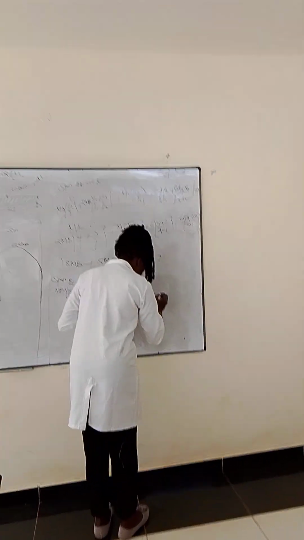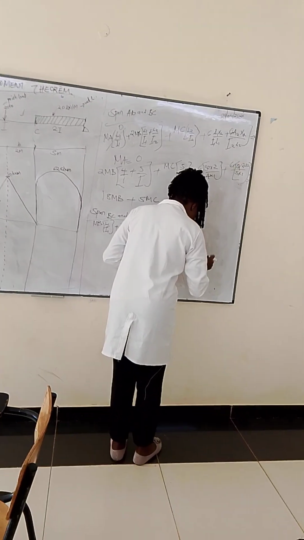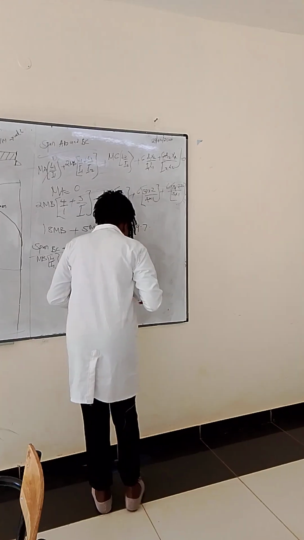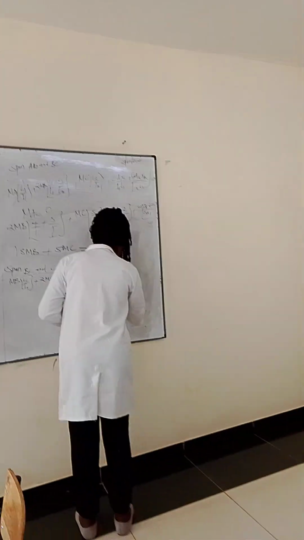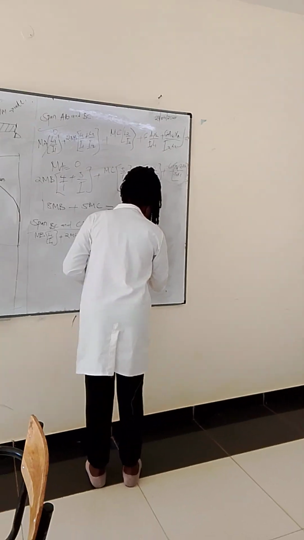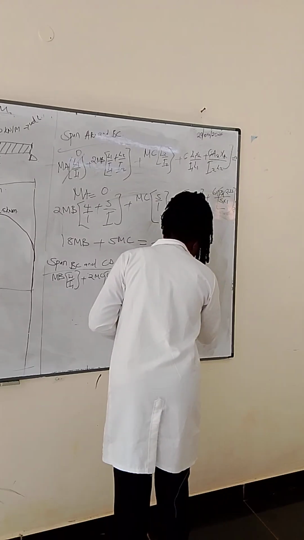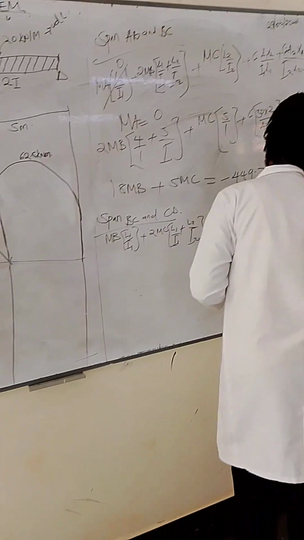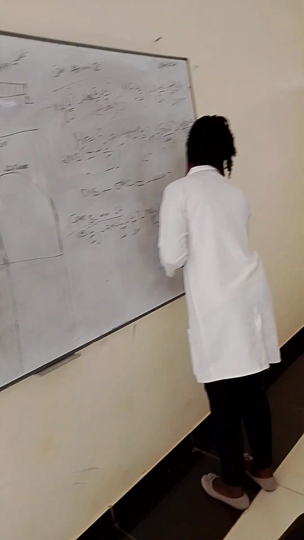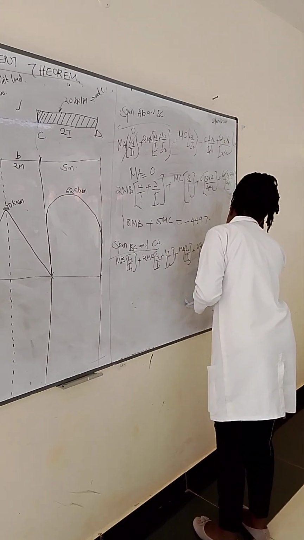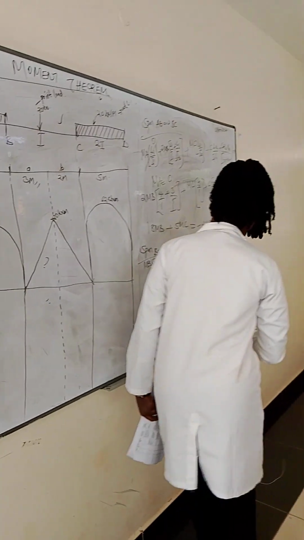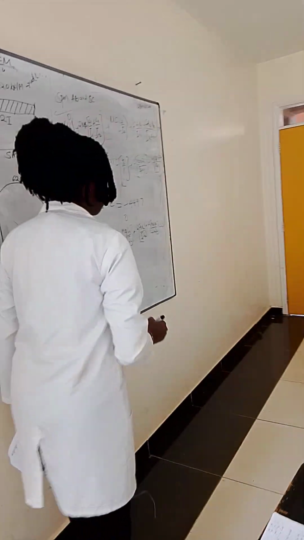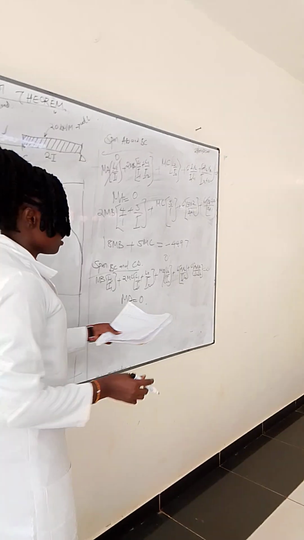6 into area 1 x left over I1 N1 plus 6 into area 2 x right over I2 N2 is equal to 0. And then here, moment at D is equal to 0. So this is 0. So we equate these ones.